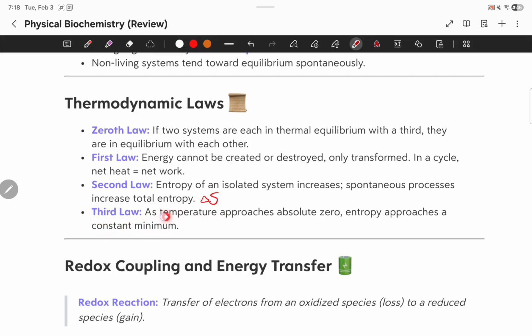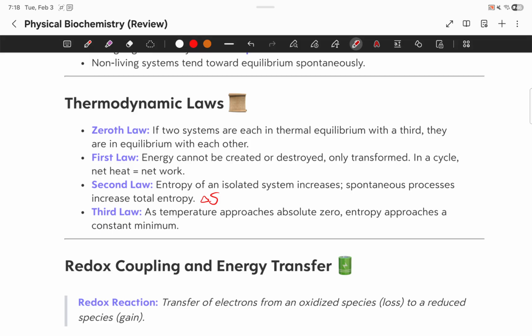It's telling me that as temperature approaches absolute zero, as it gets colder and reaches absolute zero, entropy approaches a constant minimum. Let me explain that law a bit.